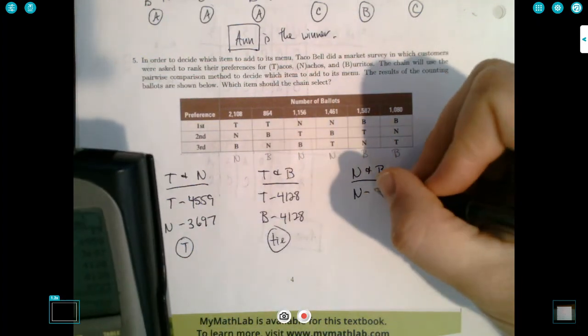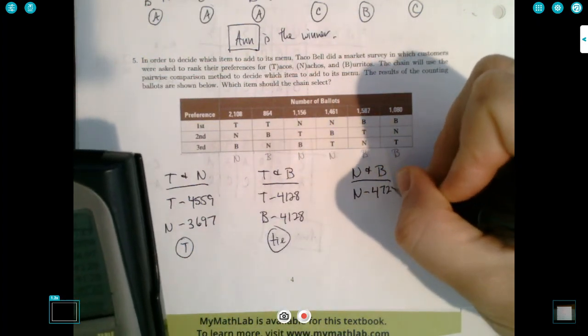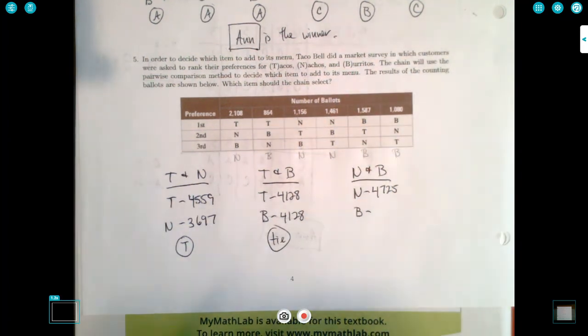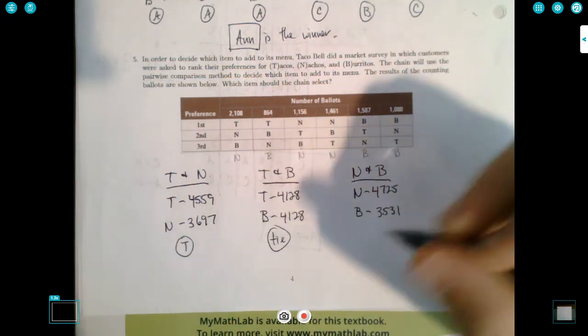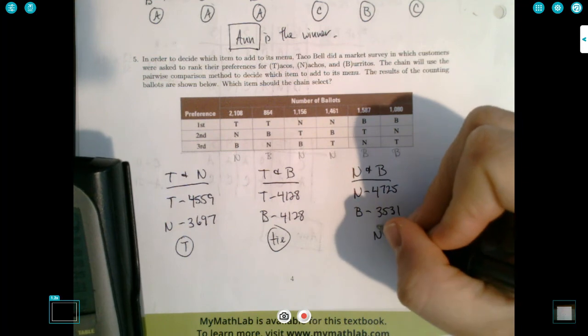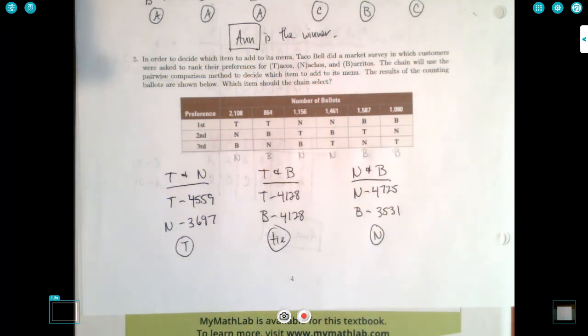So that's 4,725. Pretty sure they're the winner. Burritos would get 864 plus 1,587 plus 1,080. That's 3,531. Okay, so nachos get the win there.